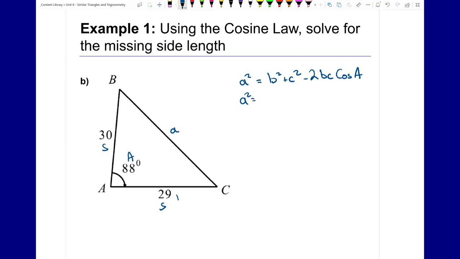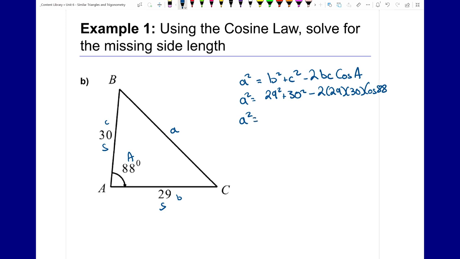Technically, b is the 29, c is the 30. Again, the order doesn't really matter in this case. So 29 squared plus 30 squared minus 2 times 29 times 30 times cosine 88.